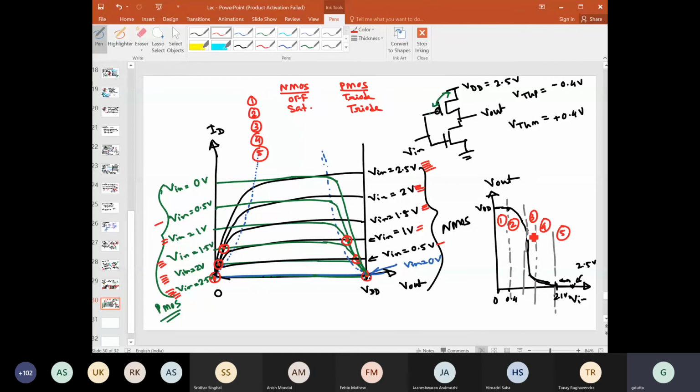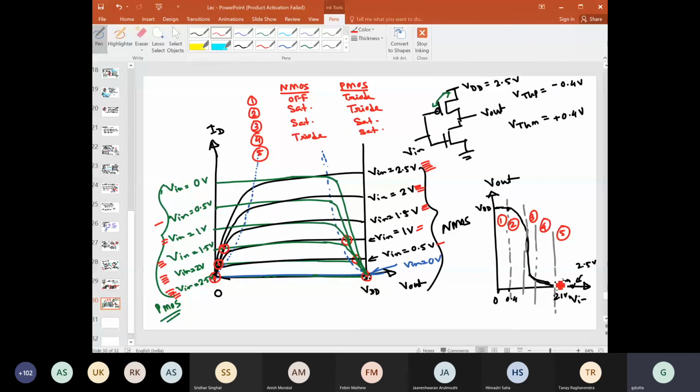What about region 3? In this region both transistors are in saturation. This is saturation, this is saturation. In region 4, the NMOS is in the triode region and the PMOS is in the saturation region.